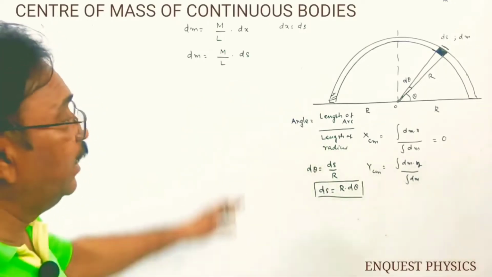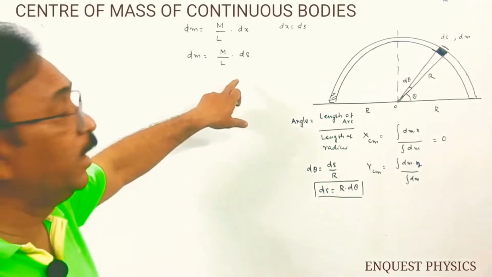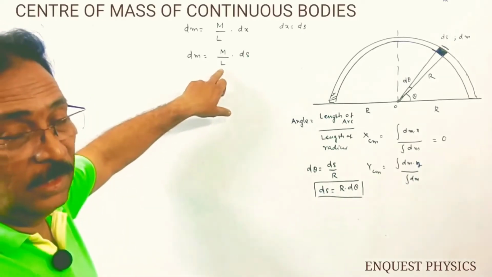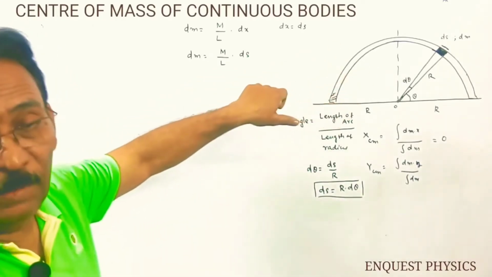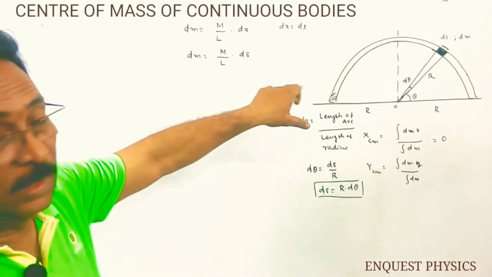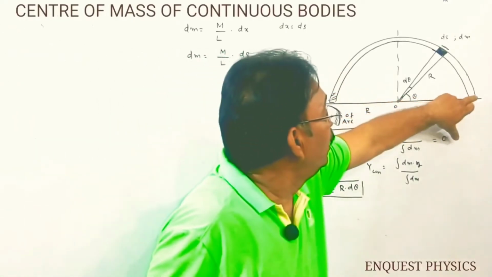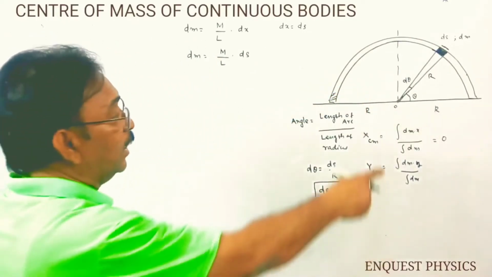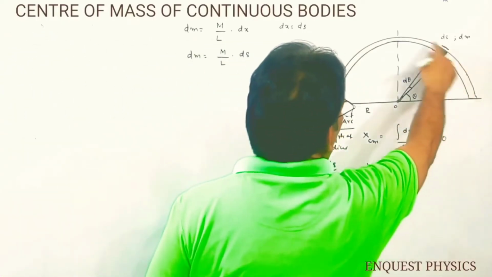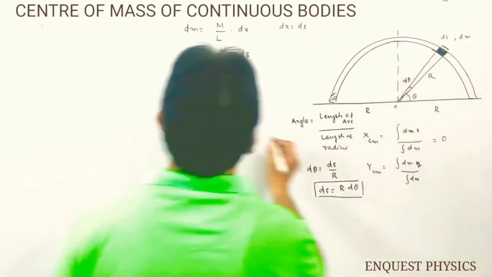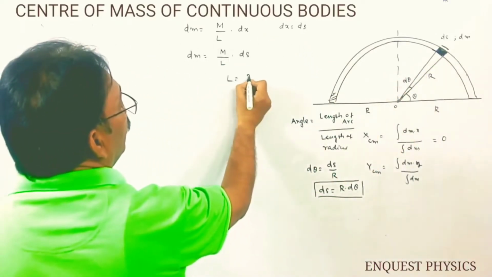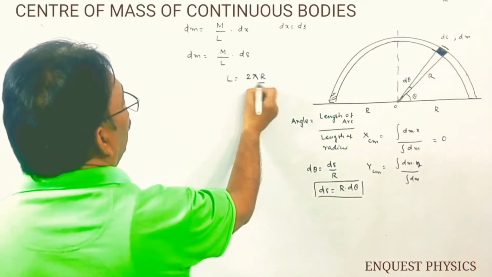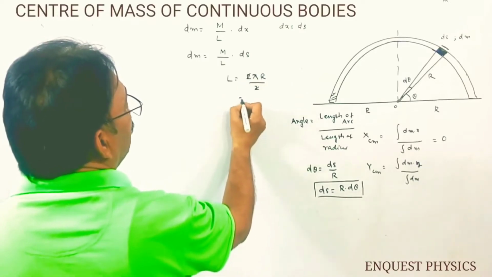In the previous case, it is the rod, so automatically we took length as L only, but it is bent in the shape of a semicircular arc. And you know that the circumference of the circle is 2 pi r. Then this length L is equal to 2 pi r by 2, which is equal to pi r.